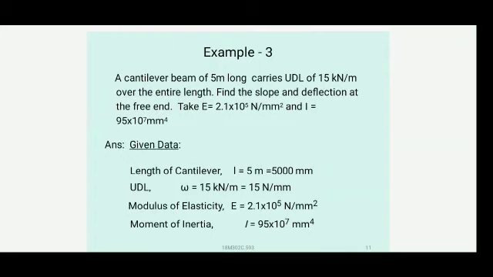Modulus of elasticity E is equal to 2.1 into 10 to the power of 5 Newton per mm square. Moment of inertia I is equal to 95 into 10 to the power of 7.